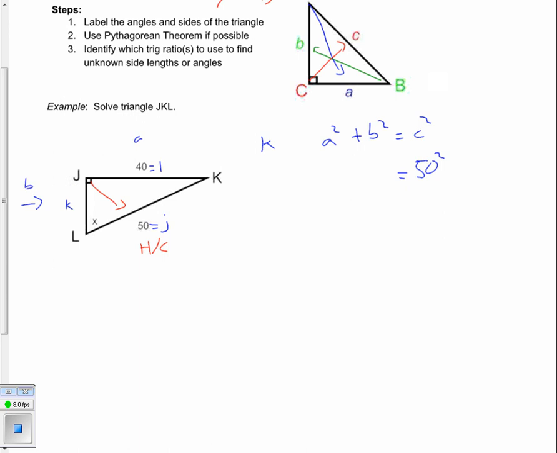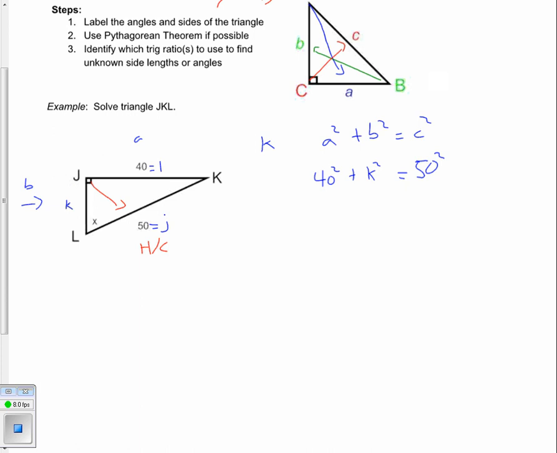And so I'm going to substitute in my value there, which is 50, so 50 squared. My a value, again, doesn't matter which is the a or the b value, so I'm just going to call this a, and I'm going to call this side b. So my a value is 40, so we're going to do 40 squared plus b squared, or actually I'm going to call that side k squared. So I'm just going to substitute k in for b. It's the same thing. So now what I want to do is I want to solve this.